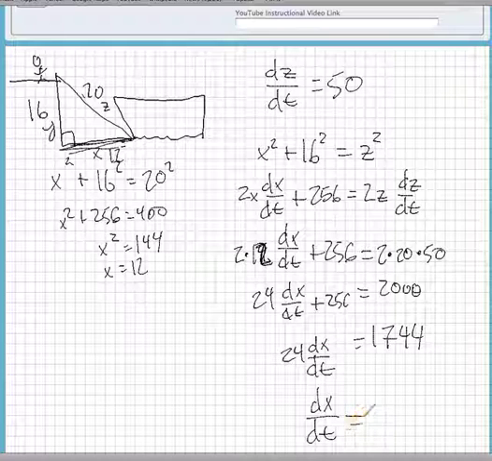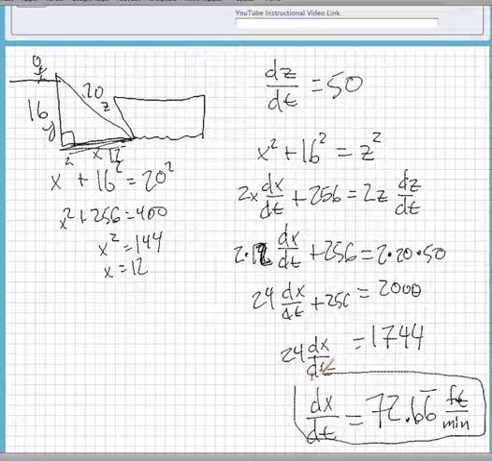And we'll get approximately 72.66, and that's repeating, feet per minute. And that was what the original rate was in as well. So there's your answer right there. All right?